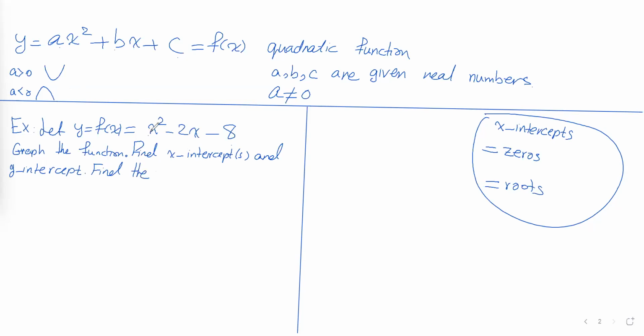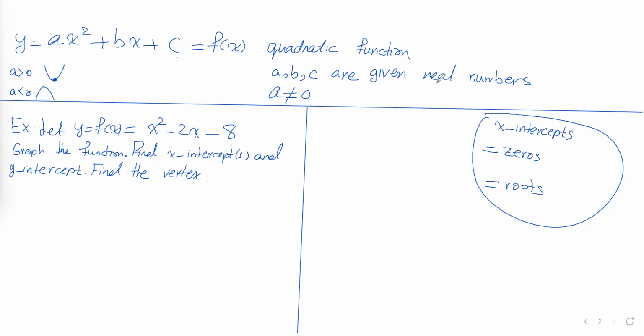This is a parabola because the coefficient of x squared is 1, right? So it's a parabola opening up. If it's a parabola opening up, then it has a minimum point, right? Find the vertex. I will explain what the vertex is very soon. Okay, so let's start.